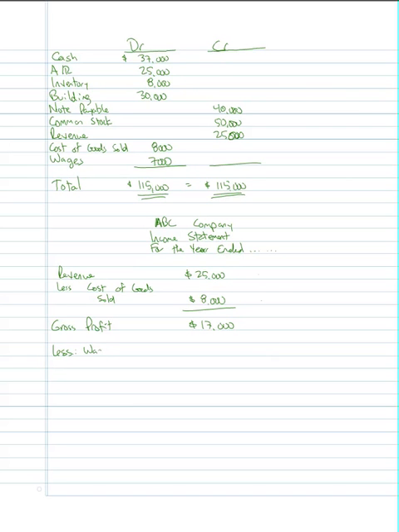Going to subtract from this our wages expense. And we will get our net income of $10,000. So we had revenue of $25,000, total expenses of $15,000, $8,000 and $7,000, and for net income of $10,000. So during this period of time, this company earned capital of $10,000.